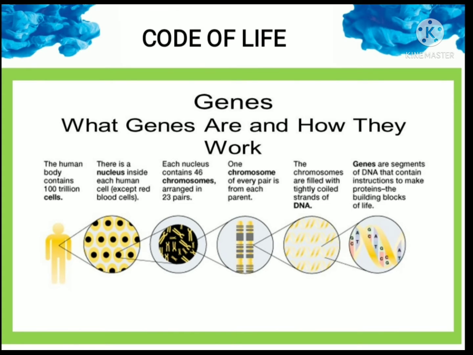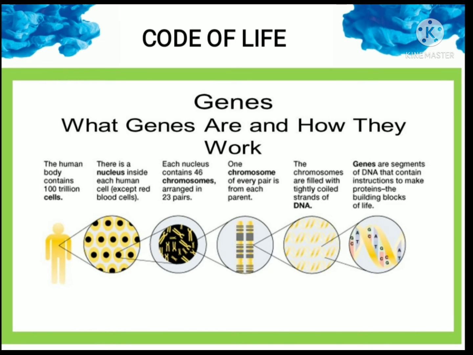One chromosome of every pair is from each parent: 23 from your mother and 23 from your father, which is equivalent to 46. The chromosomes are filled with tightly coiled strands of DNA. The genes are segments of DNA that contain instructions to make proteins, the building blocks of life.